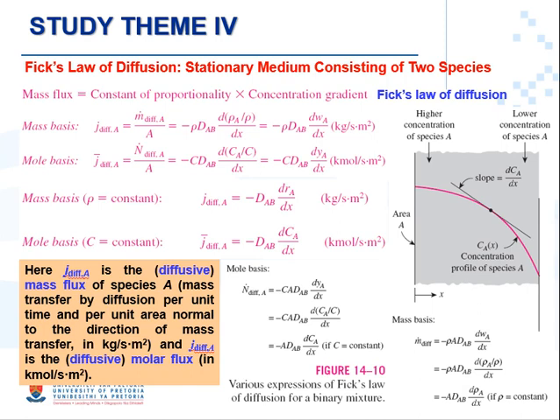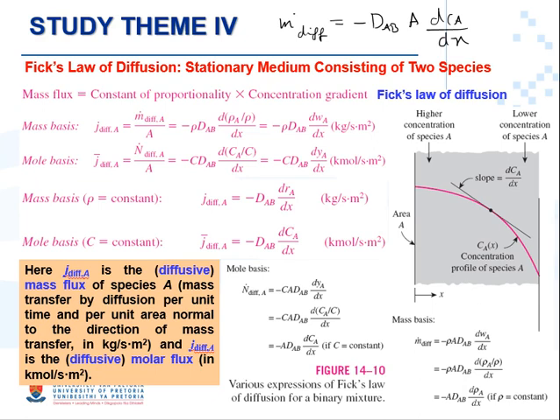This linear relationship, we mentioned, can be written as m dot diffusion. If you remember, we said that it is D_AB A dC_A divided by dx.